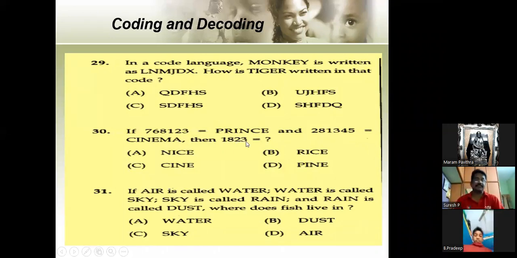What is the word? So P is 7, R is 6, I is 8, N is 1, C is 2, and E is 3. Clear? Okay. Here C is 2, also C is 2. Observe it. Now 1 is given. What is the letter for 1? 1 is N. Correct? Okay.